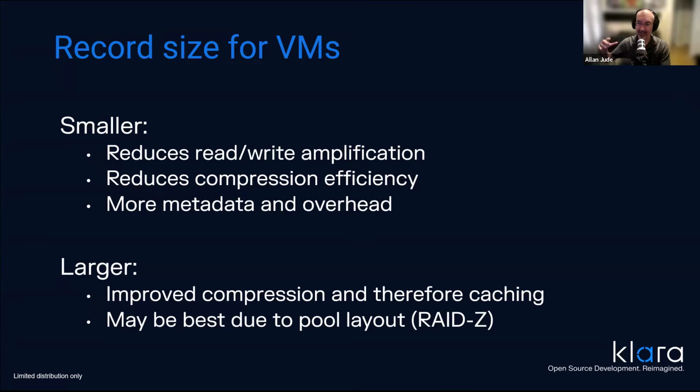Because if there's a big disconnect between the IO coming from the VMs and what's actually happening on the physical hardware, you can end up consuming a lot more of the performance capacity of, say, the NVMEs, even though you're not actually doing as much work because of the amplification. And so avoiding that helps a lot. But if you make everything the smallest blocks, you're going to get into the pitfalls that we'll talk about a little bit later.